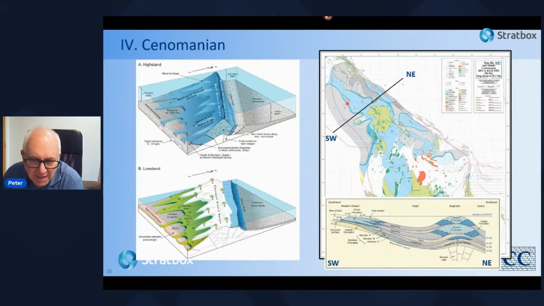The basin to the west is up against the Arabian Shield, and that is a marine basin during high stands, but during low stands it gets very restricted, sometimes with the development of evaporites in it.